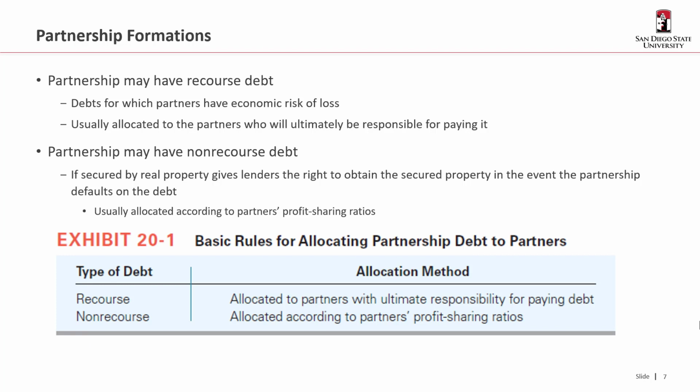We've discussed these as well. Recourse debt is debt that the partners are liable for. They have economic risk of loss. Generally speaking, that's going to be allocated to the partner who will ultimately be responsible for paying it. A partnership can also have non-recourse debt, which is generally secured by property within the partnership itself, but they can't go after the partners for that. The bank doesn't have recourse against them. That's usually just allocated according to the partners' profit-sharing ratios.